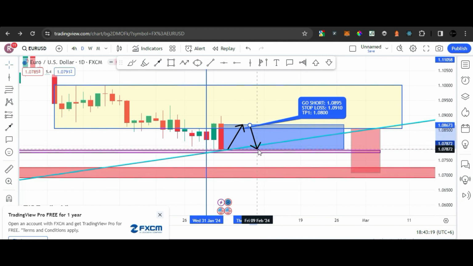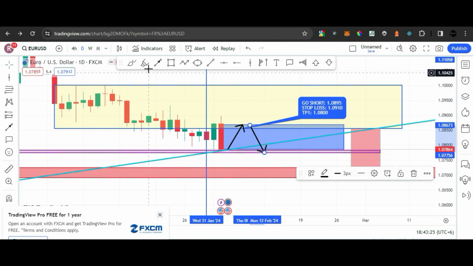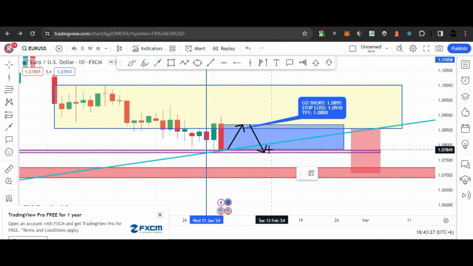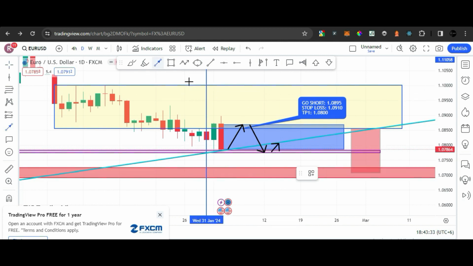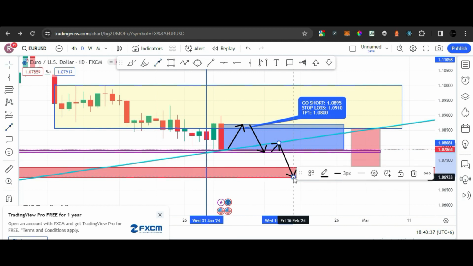If it breaks it down, come to the same support level, what it will do, it will retest this zone, this trend line, and if it fails, then we initiate the second trade from here to this.